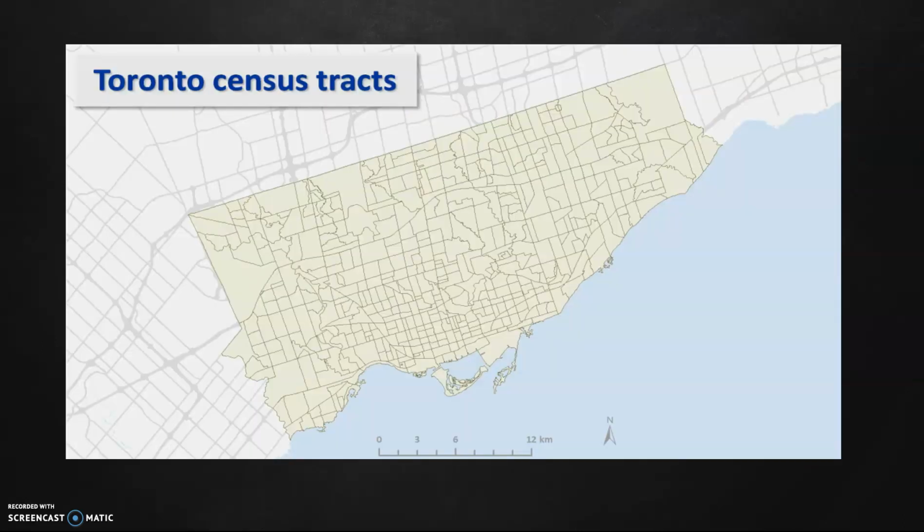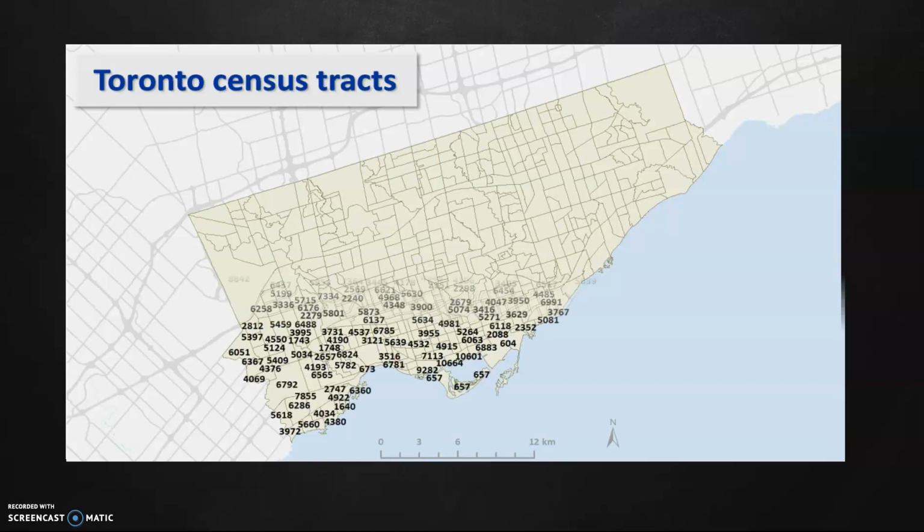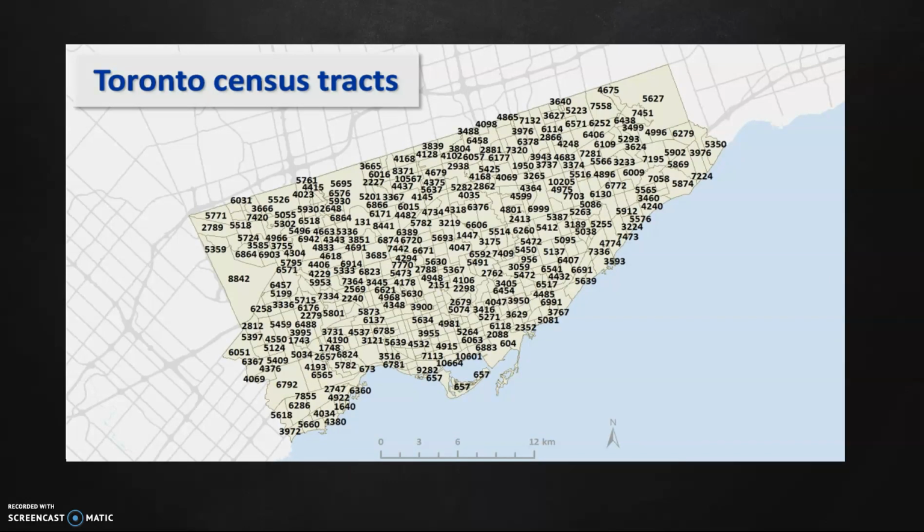Here's an example of how these thematic maps are made. This just so happens to be a Toronto census tract. There are census tracts throughout the United States as well. In Ada County, Canyon County, they all have census tracts. And for each census tract, the U.S. Census Bureau collects populations about us every 10 years, and then they do estimates in between.